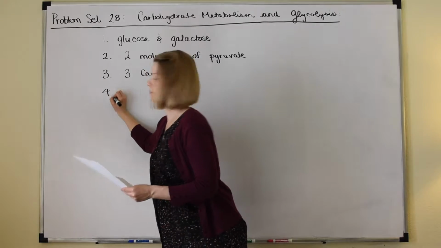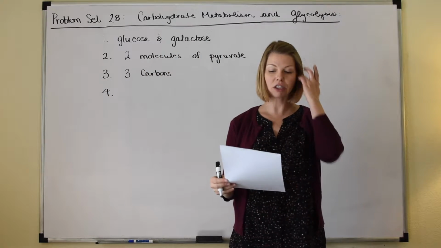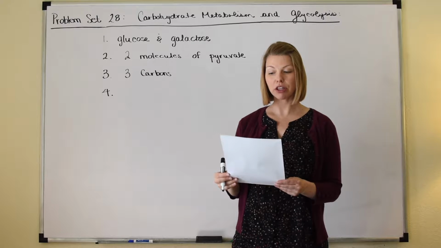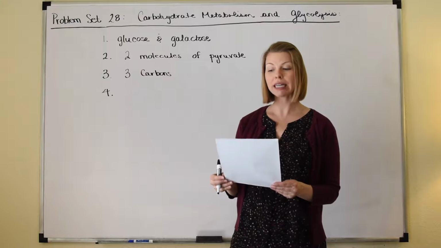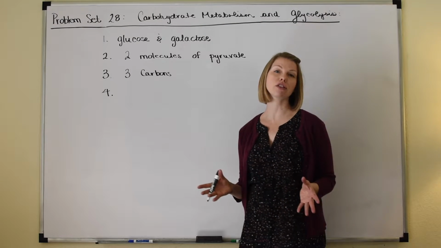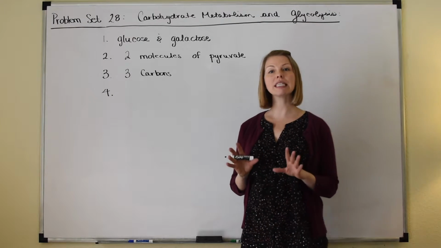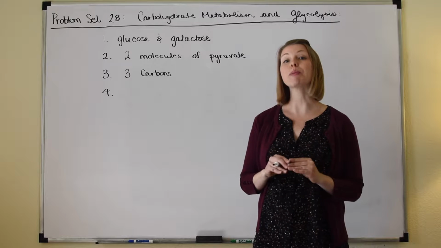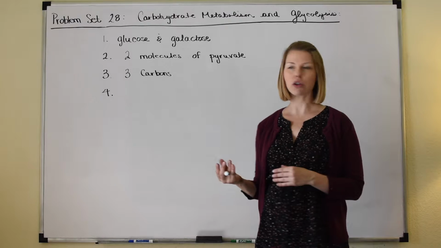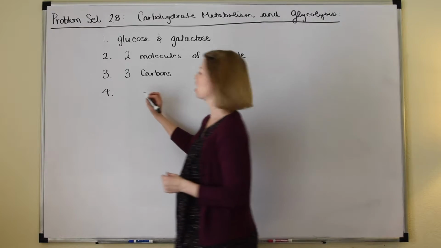Number 4. Consider your answer from number 2 again. What is the fate of this molecule under aerobic conditions? Okay, so when oxygen is plentiful under aerobic conditions, pyruvate will be oxidized into acetyl coenzyme A and carbon dioxide.